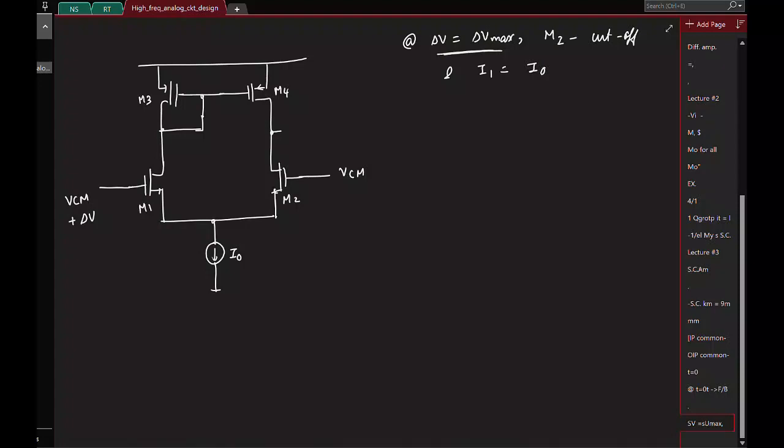Okay, so when the input is equal to this maximum voltage, the transistor M2 is just entering cutoff. So if it is in cutoff, what can you say about the VGS of the transistor M2? VTH. I mean, it is just entering cutoff. Okay. So if the gate voltage of M2 is at VCM, what will be the source voltage Vx?